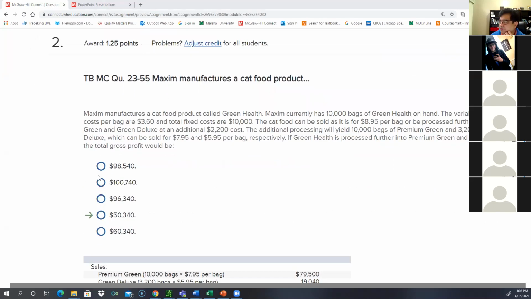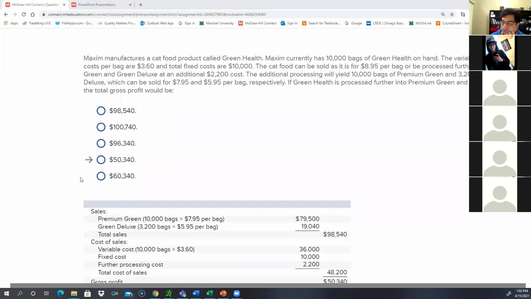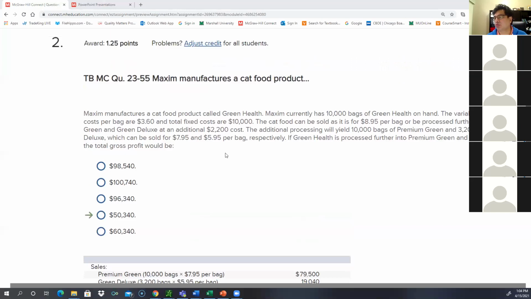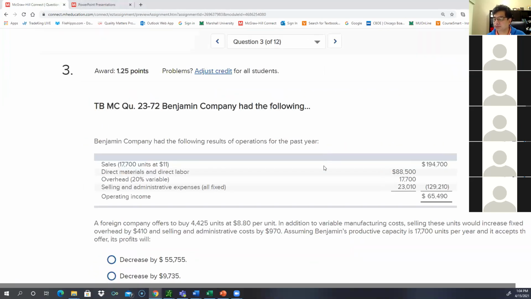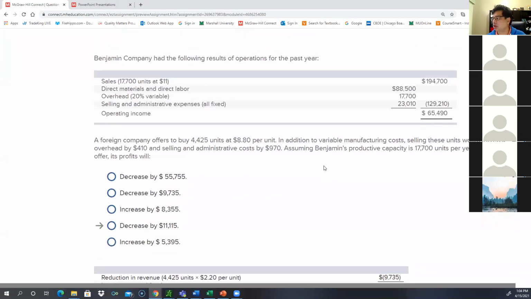You got it, everyone? Okay, good. So your multiple choice would be more like this. Here is another one. See if you can get the answer matched.